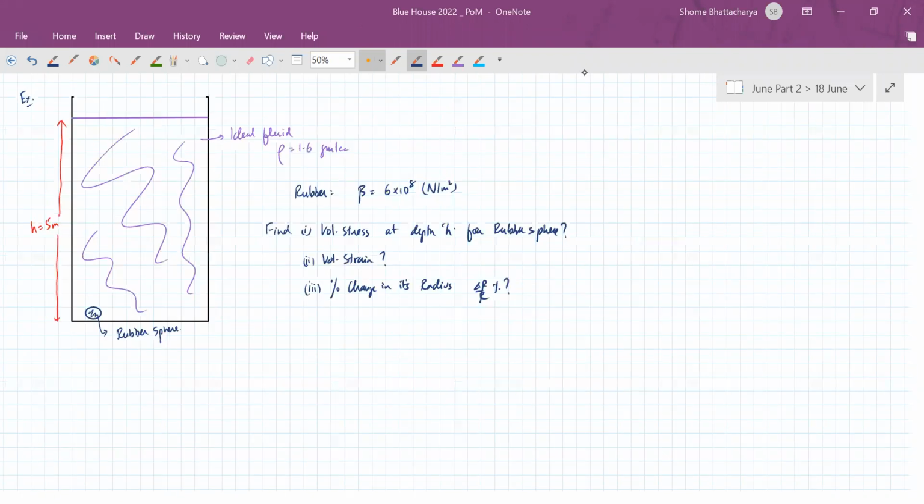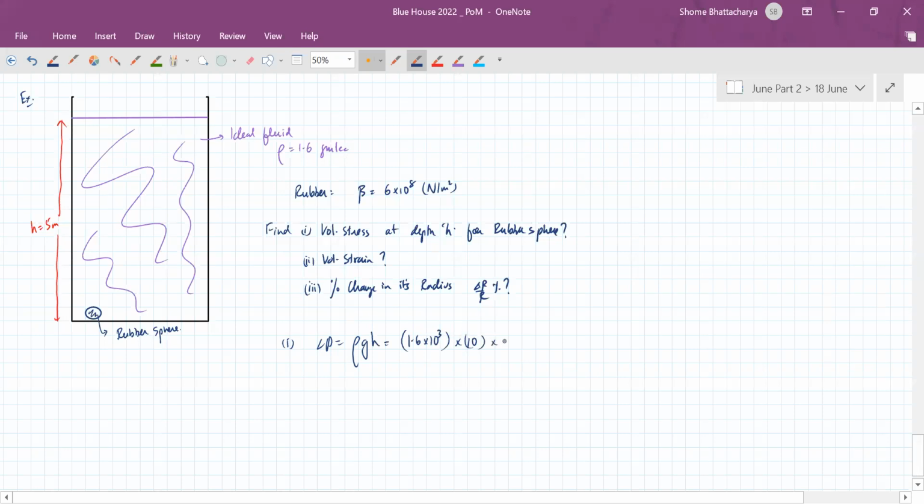Okay, very good. Let's check out the calculation. The volume stress is the hydrostatic pressure. So that's rho g h, which is 1.6 into 10 raised power 3 into 10 into 5. That's 8 into 10 raised power 4 pascals.